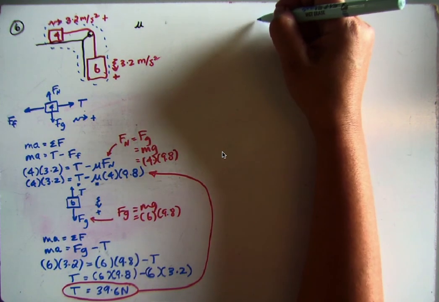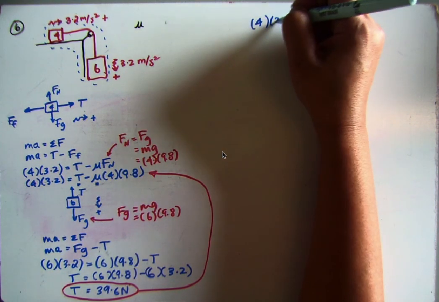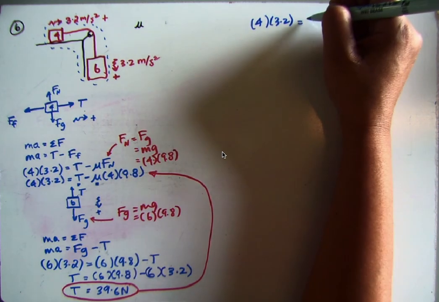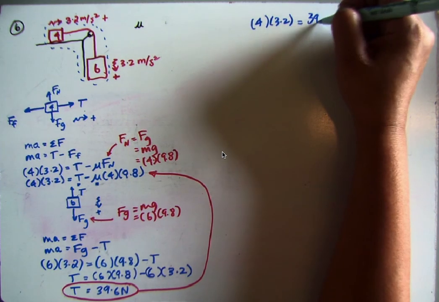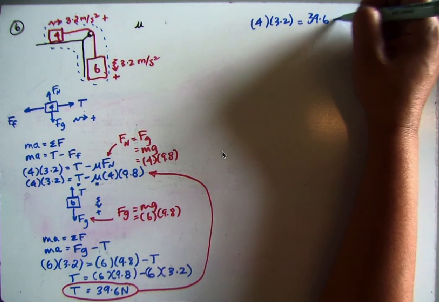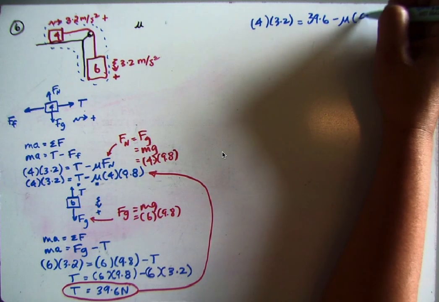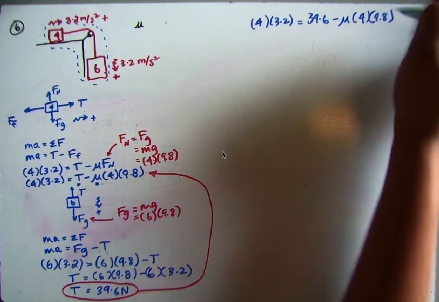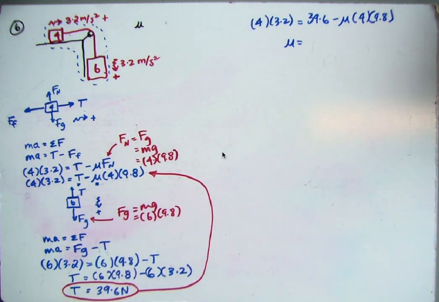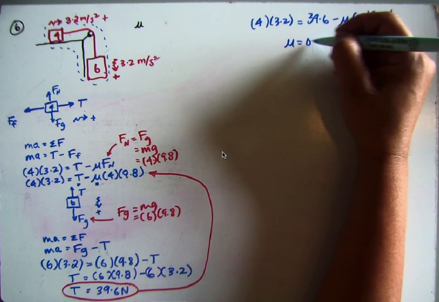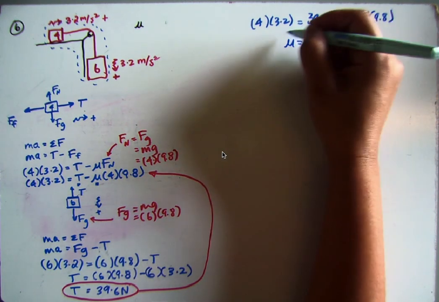So up here I get 4 times 3.2 equals, now T is 39.6, minus mu times 4 times 9.8. So rearrange and solve, and I think you'll find that mu equals 0.68. Okay, no units.